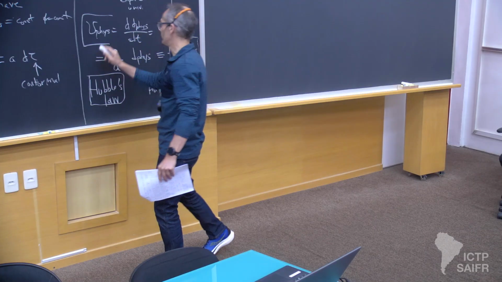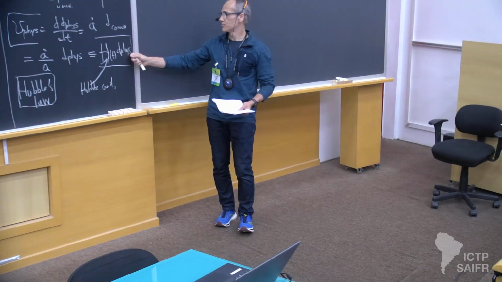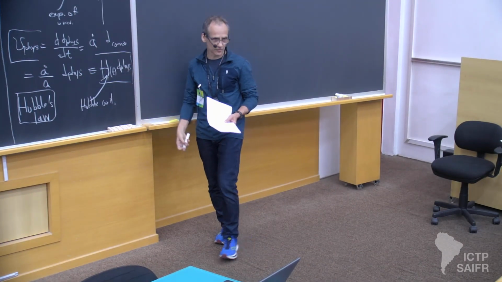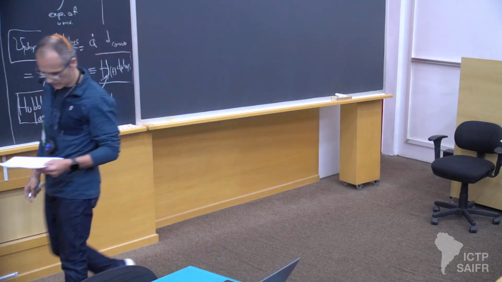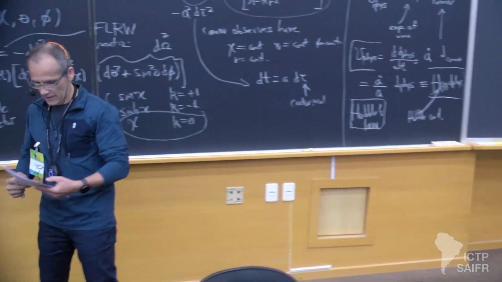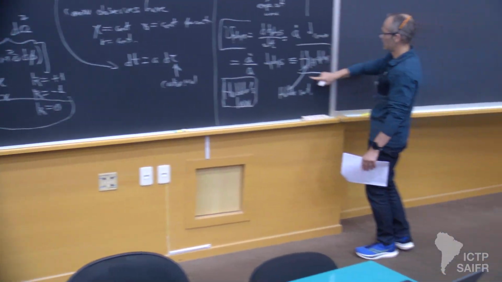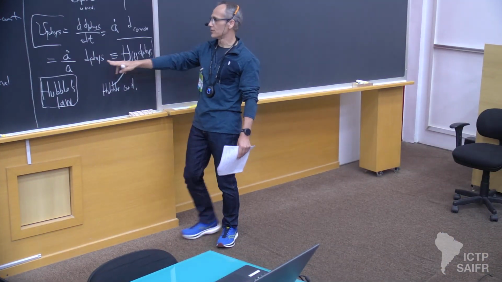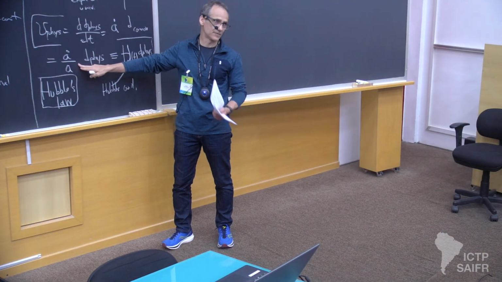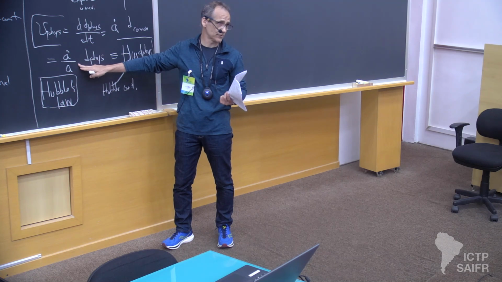The relative velocity between two objects is proportional to the distance, and that constant of proportionality is called the Hubble constant. The fact that this is positive tells you the universe is expanding. And this is essentially how the expansion of the universe was discovered.